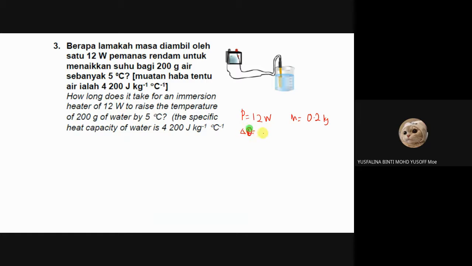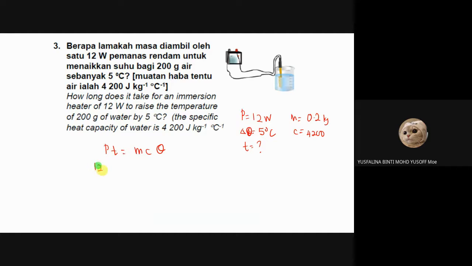The temperature rise is 5 degrees Celsius, and the C is already given, 4,200. They ask you to find the T here. So what is the formula that you can use? PT is equals to mc theta.